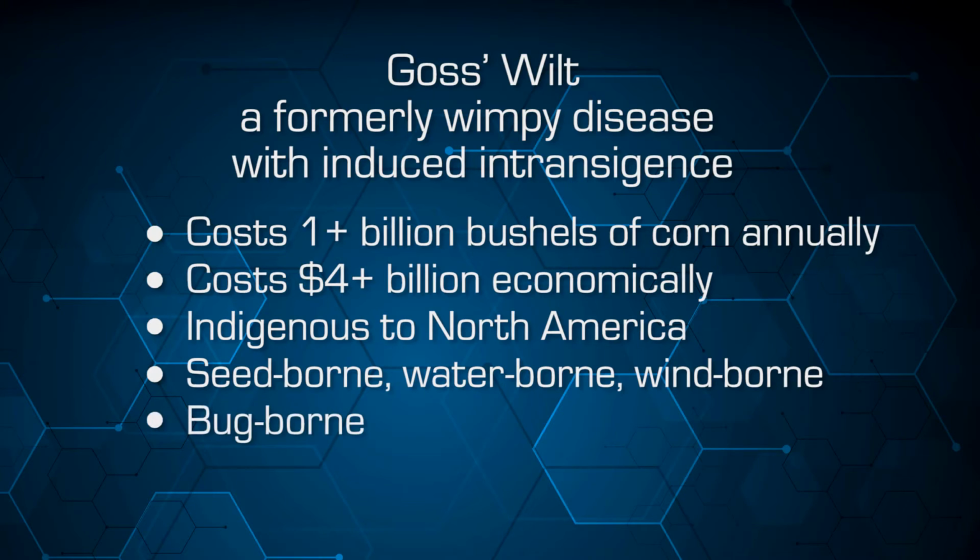It can also be bug-borne, carried as a contaminant on leaf-feeding insects and organisms that will pick up the bacterium and transmit it, providing the wounding in the plant that used to be an absolute requirement for the disease.